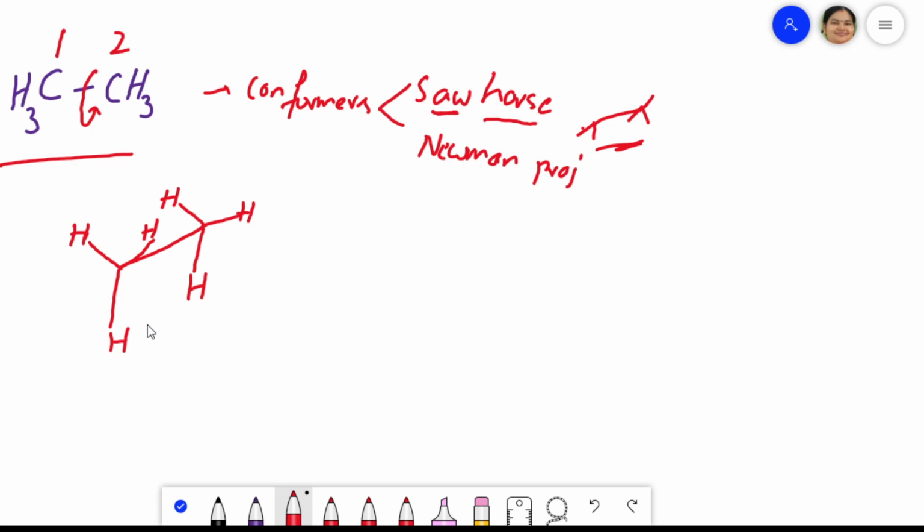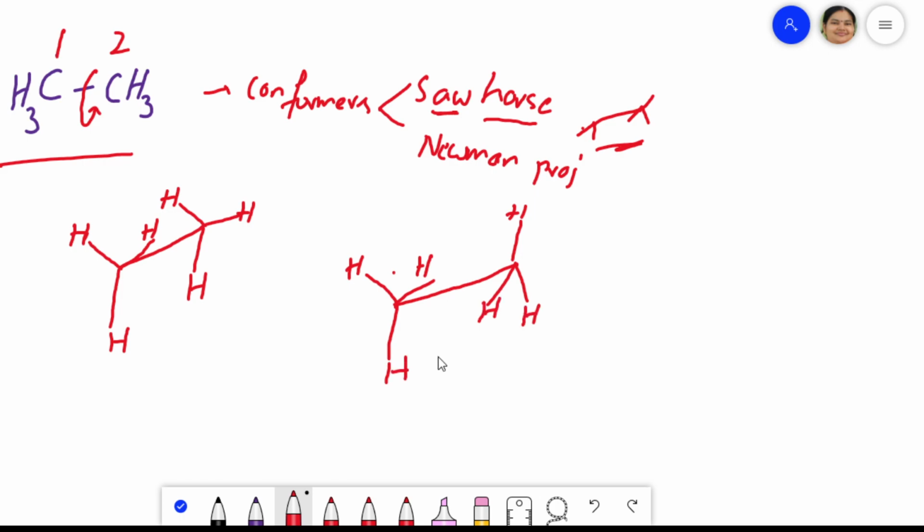So that's the Sawhorse formula. One more representation is also possible. On the elongated diagonal line, you can represent three groups attached like this: one like this, and hydrogen, another hydrogen, and one more hydrogen.